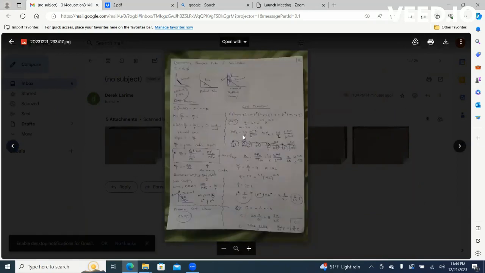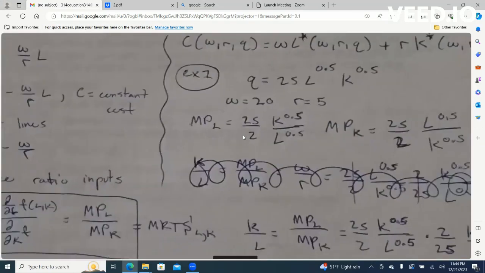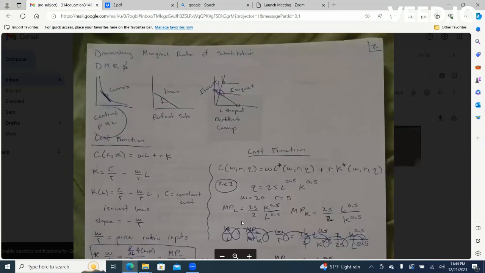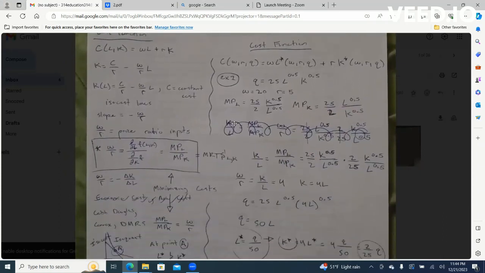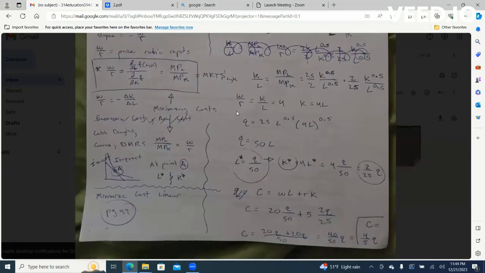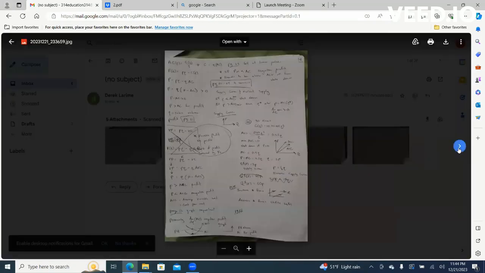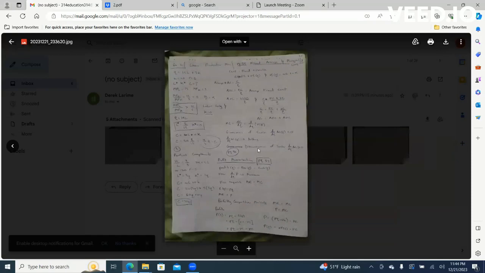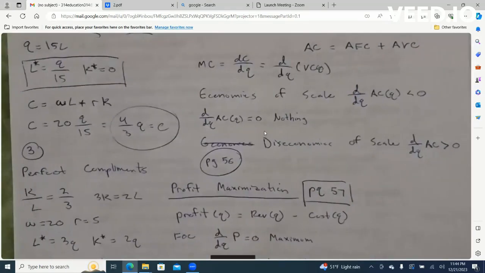But this is my outline. This would be page 2. So diminishing marginal rate of substitution, we remember all of that. On to page 3.